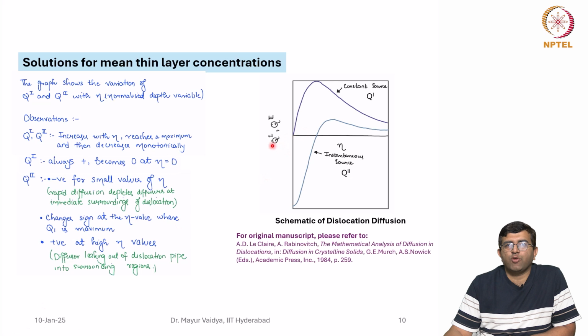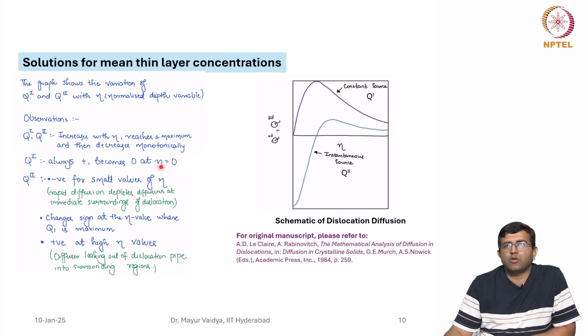For example, if you plot Q1 and Q2 as a function of eta, you will see that it gives you a graph like this, which is a little bit similar looking for constant source and instantaneous source condition. For both of them, it increases with eta, reaches a maximum and then decreases monotonically. Q1, that is the constant source condition, is always positive.